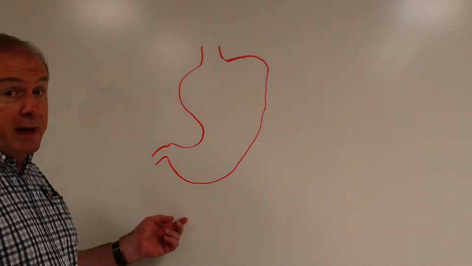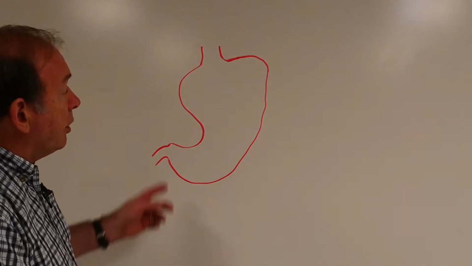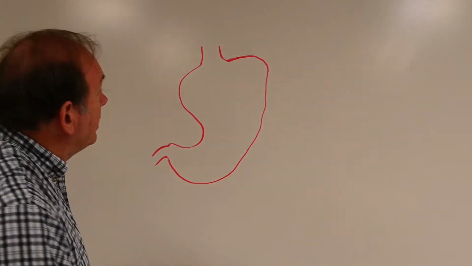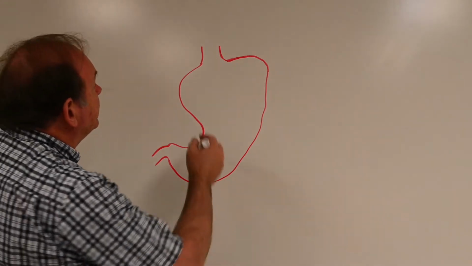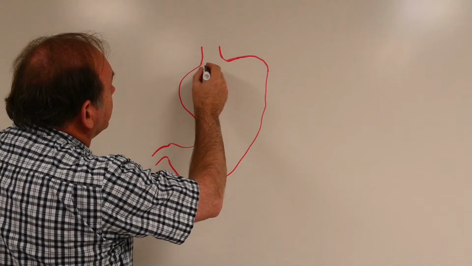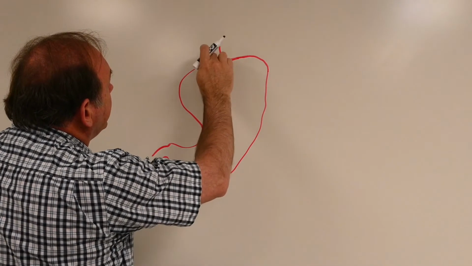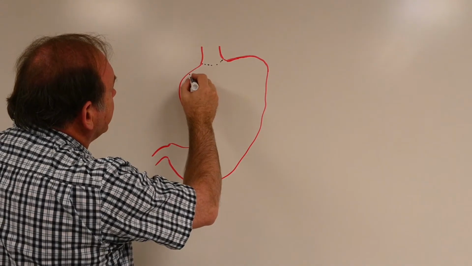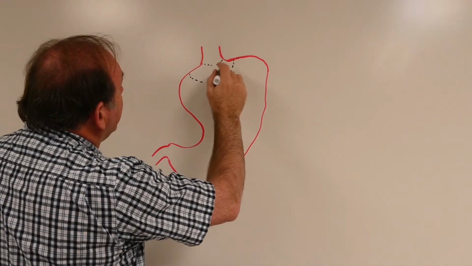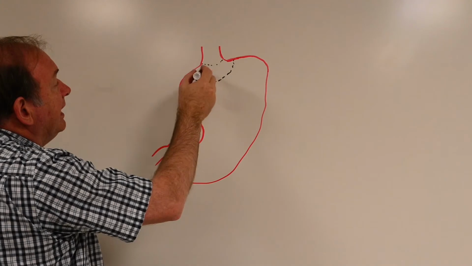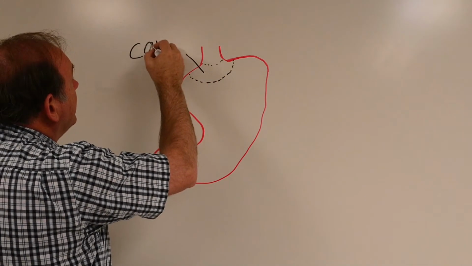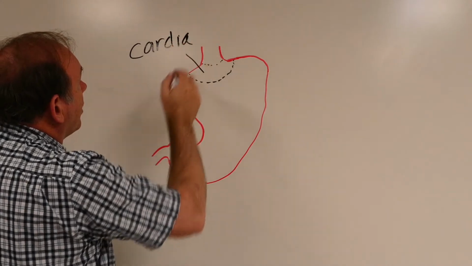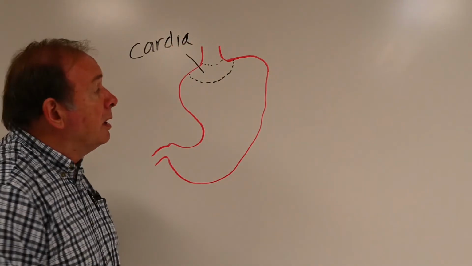Now moving on to the anatomy of the stomach, the overall structure of the stomach. We want to identify some different regions and parts in this illustration. Starting up here just below the esophagus, that would be the esophagus there. That area near the esophagus, where the esophagus enters into the stomach, is referred to as the cardia or cardiac portion of the stomach.